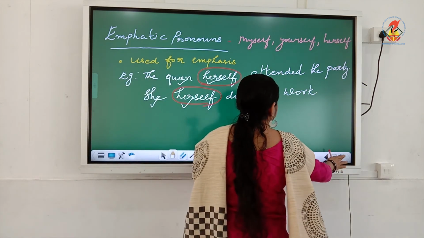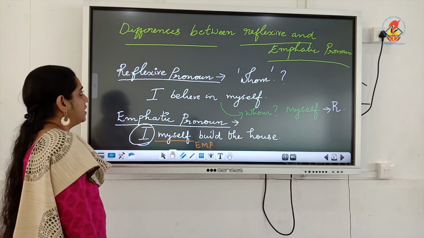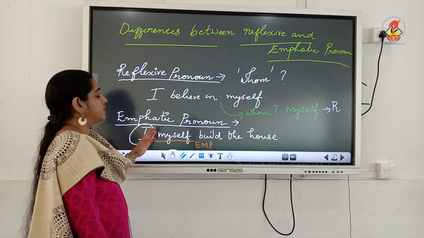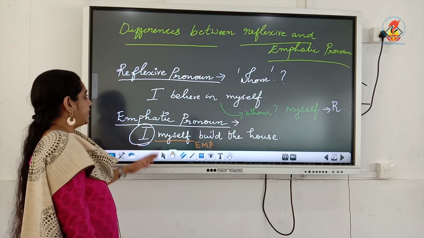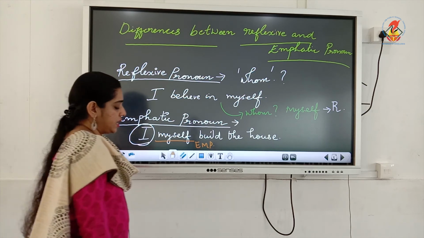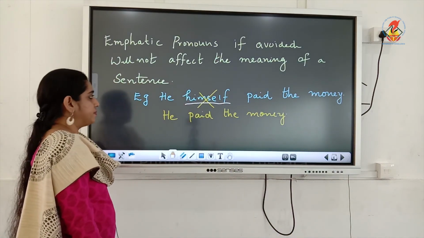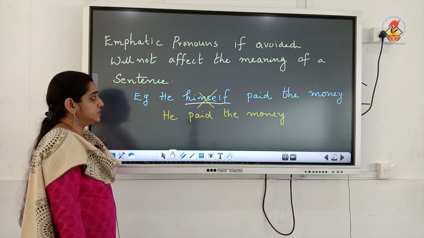Now, after emphatic pronoun, what did we study? The difference between reflexive and emphatic. A reflexive pronoun answers the question whom, and an emphatic pronoun gives importance to the subject. And we also studied that if you remove an emphatic pronoun from a sentence, the meaning of the sentence is not affected.